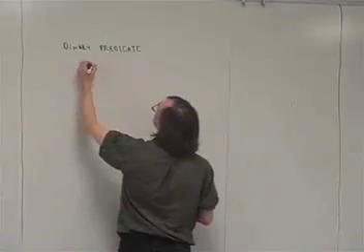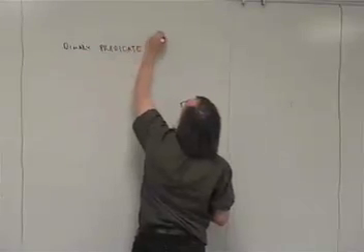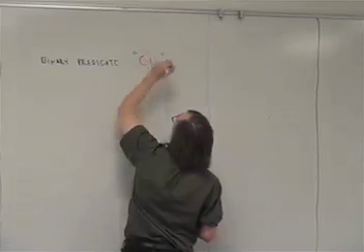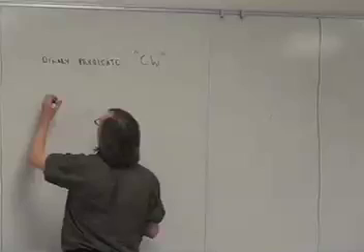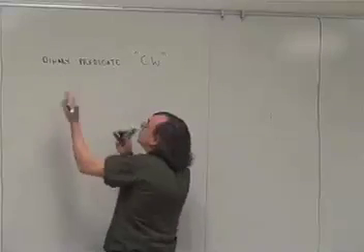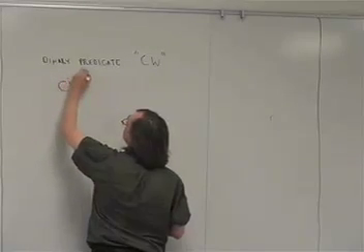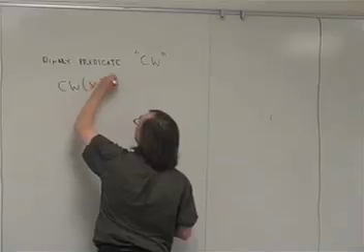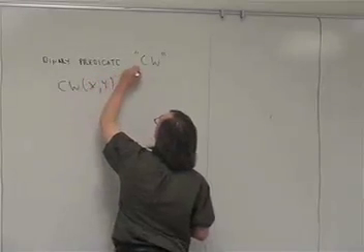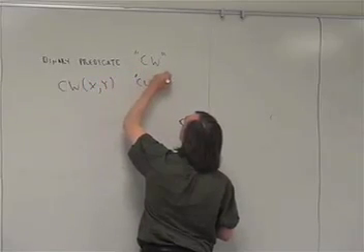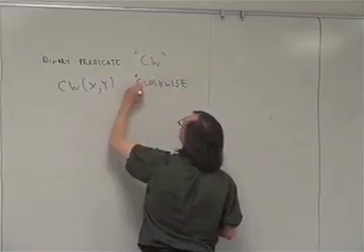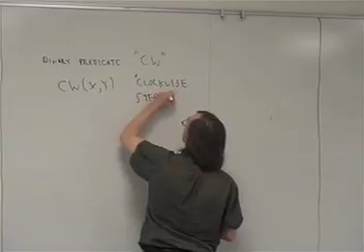I'll call it CW, for clockwise. And the intuitive meaning is that CW of X, Y means that it's a clockwise step from X to Y.